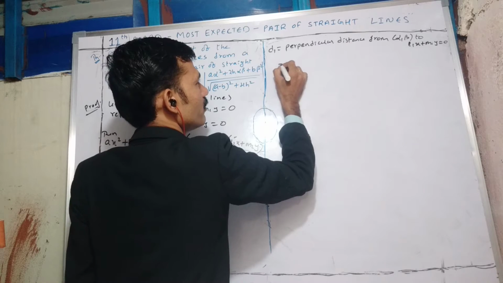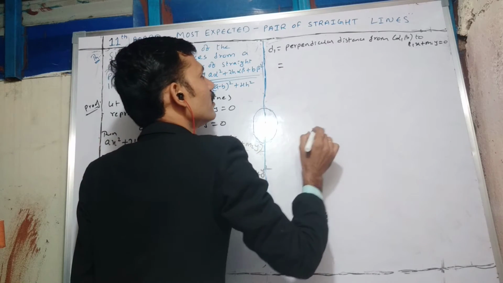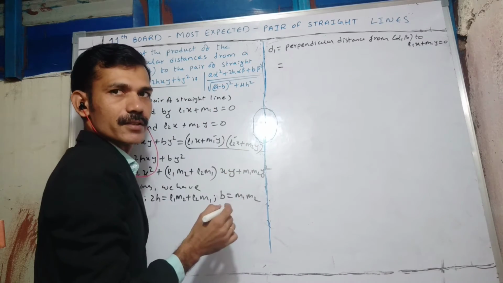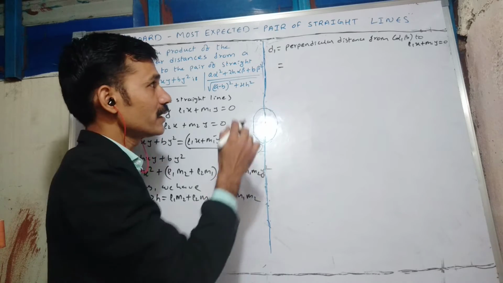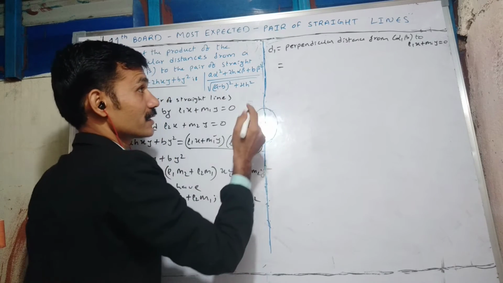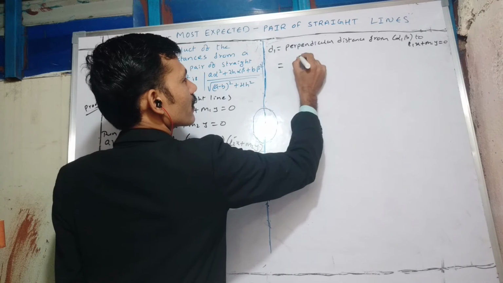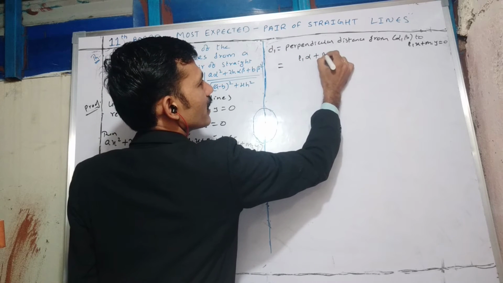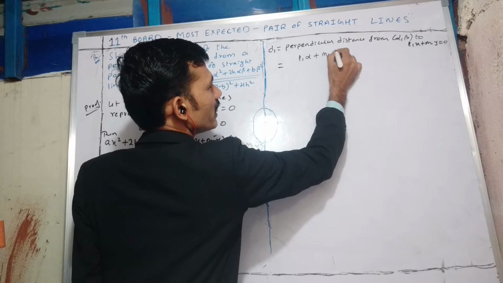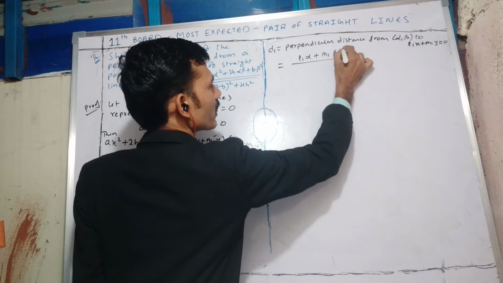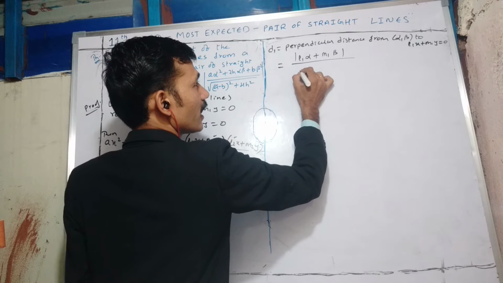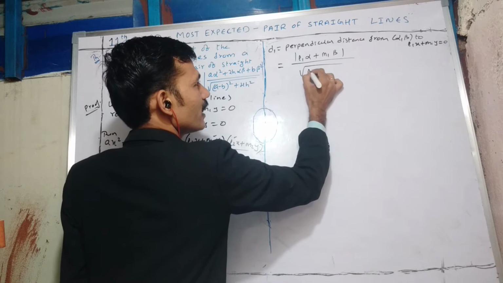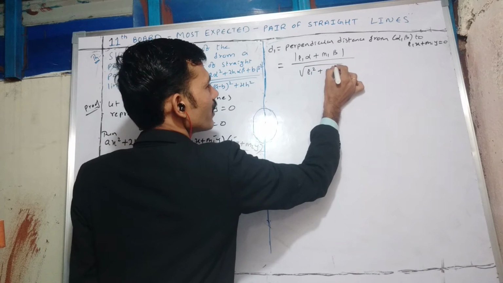That will be equal to, see, perpendicular from a point to a straight line we know, that is nothing but L1 alpha plus M1 beta whole divided by, we have to take modulus, under root of L1 square plus M1 square.